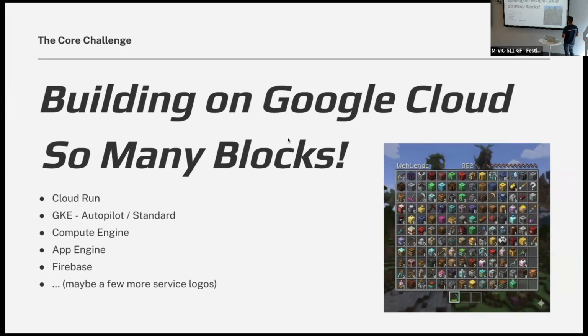Now, if you talk to people from different backgrounds, a developer will be like, hey, just use Cloud Run. Why bother about any of the other stuff? SREs are like, go GKE, build your own cluster.